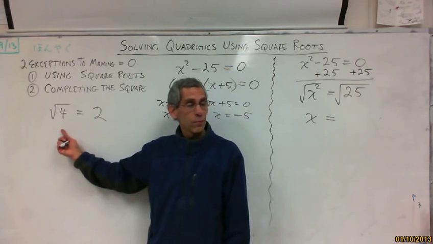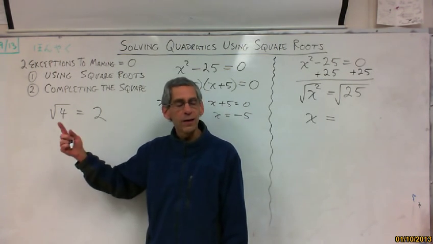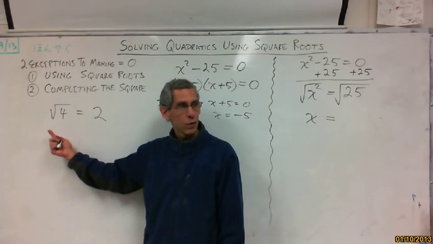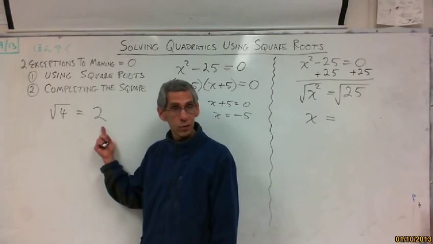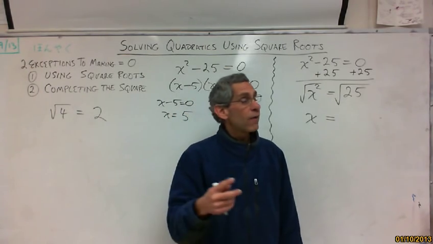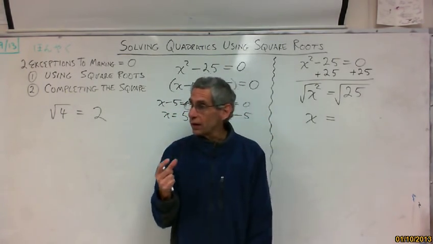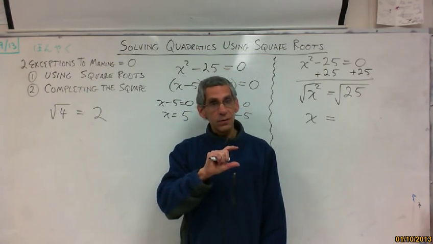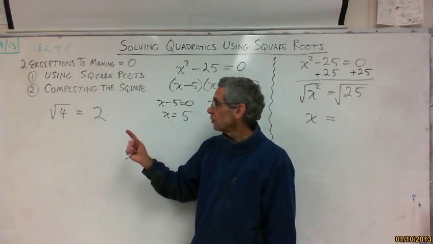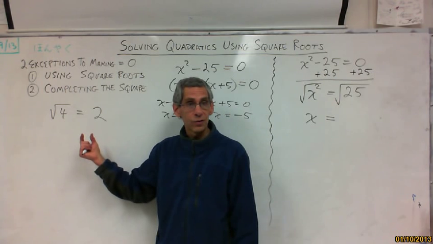So a number that multiplied times itself equals 4 would be 2. It's got to be greater than 0. However, when you're in an equation like this and you're solving quadratics, that rule is suspended. So suddenly it's okay to have negative answers as well.